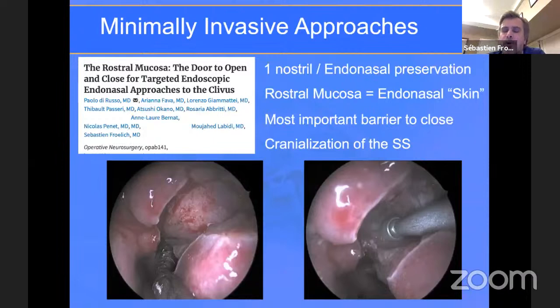We incise the mucosa of the rostrum, and we consider this mucosa of the rostrum as, in fact, the endonasal skin. It's like when you do a transcranial approach, you open the skin, you do a frontotemporal incision, you do whatever you need to do in the head, and at the end, you close the muscle and you close the skin. And the skin is the best barrier to avoid CSF leakage. We do exactly the same in the nose. The rostral mucosa is our skin.